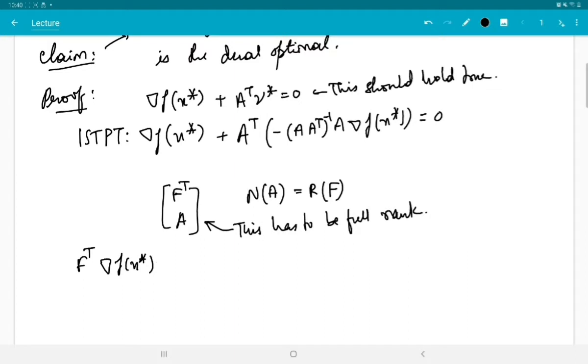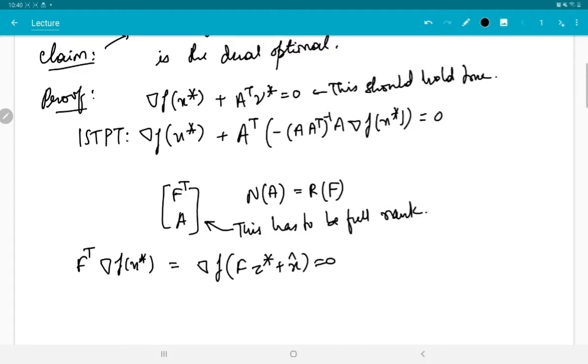So this term is 0, and we are left with F transpose times del f(x star), which is the derivative of f(F z star + x hat). This is just the chain rule expansion, and this is the derivative at the optimal point, which is 0 for an unconstrained problem.